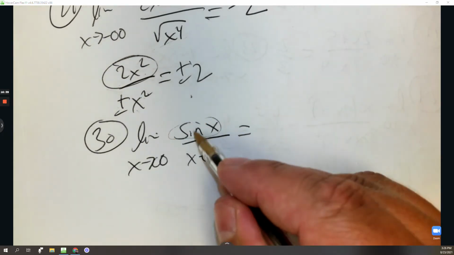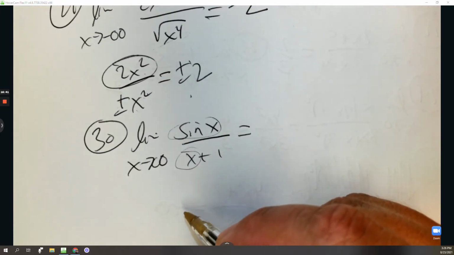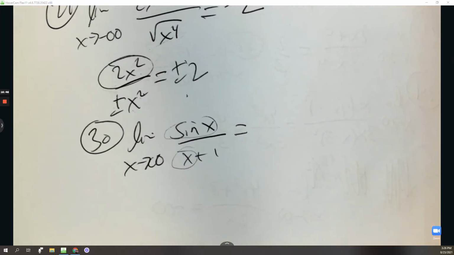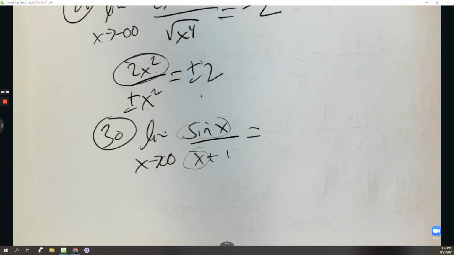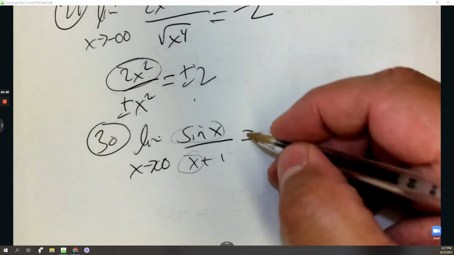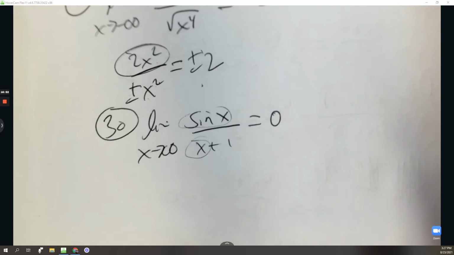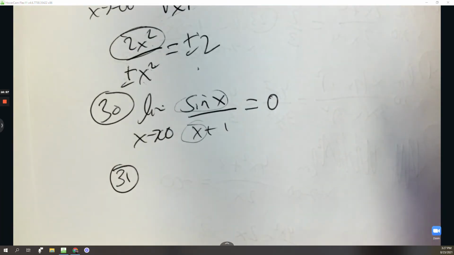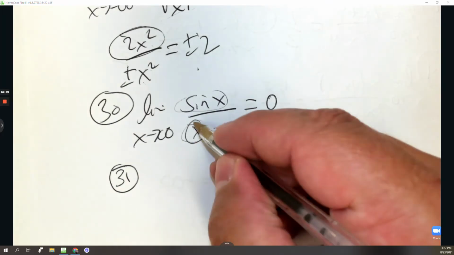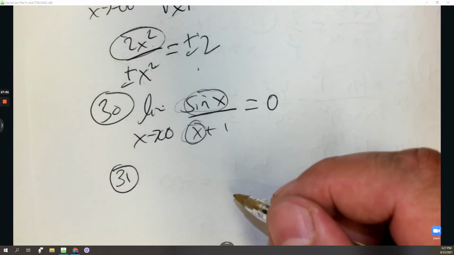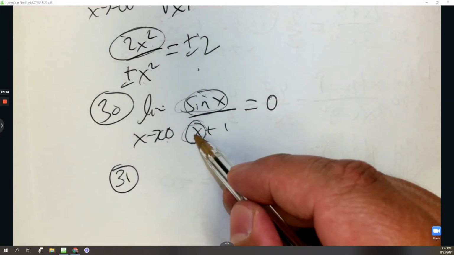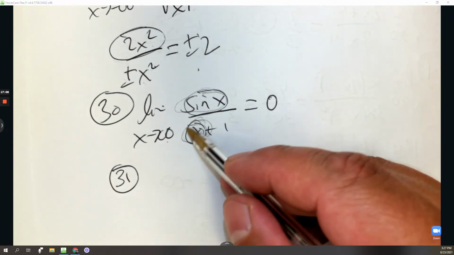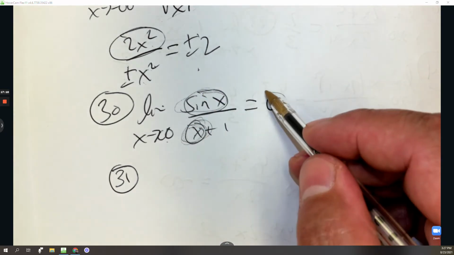So power over power, and that's going to end up where when I look at it. So sine x is more powerful than just x. So when the top is more powerful, the end behavior is 0. For 31, I'm sorry, the bottom is more powerful than the top. So as the numbers get bigger, x will keep getting bigger, but sine will stay between negative 1 and 1. So because the bottom is more powerful, it's going to 0.